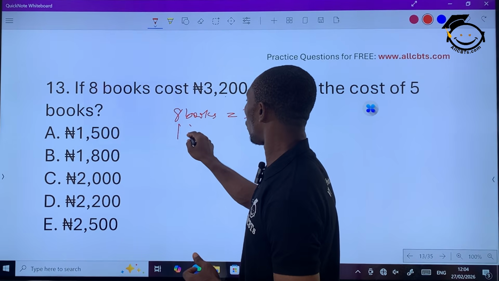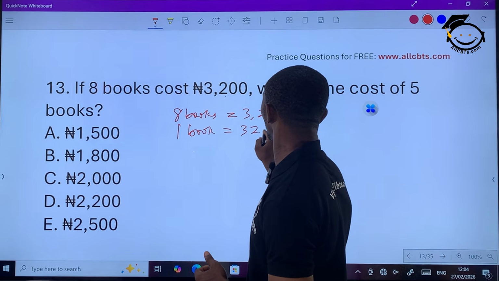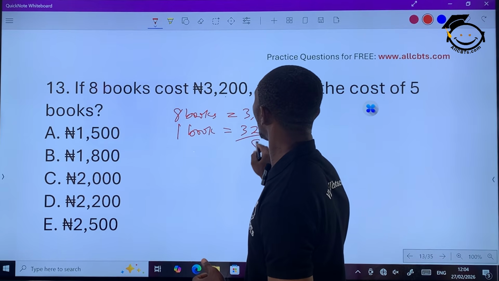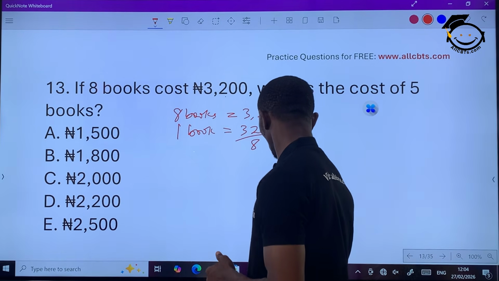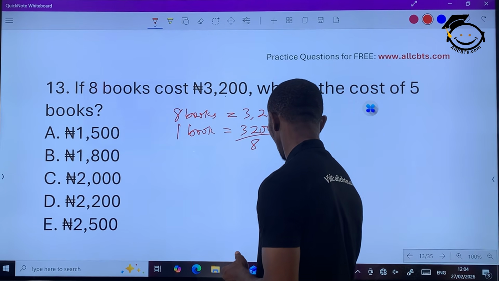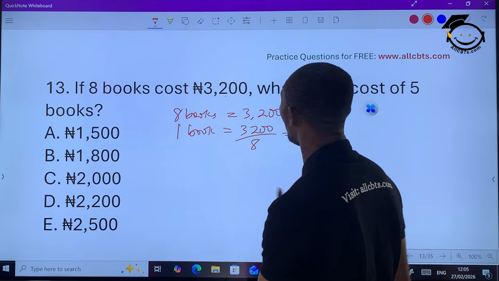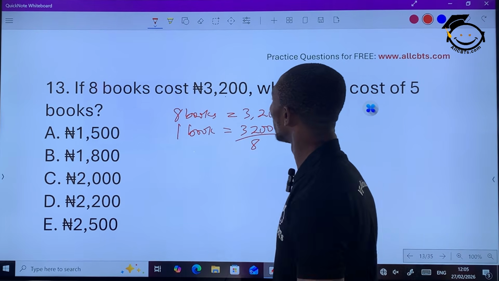What would be the cost of 1 book? Now 1 book would be 3,200 divided by 8. So 3,200 divided by 8 gives us 400. So the cost of 1 book would be 400 naira.